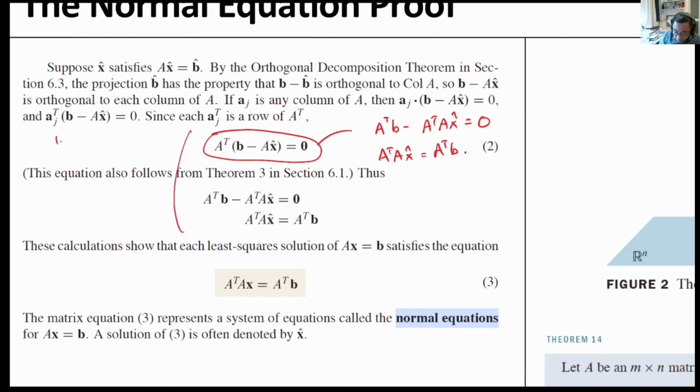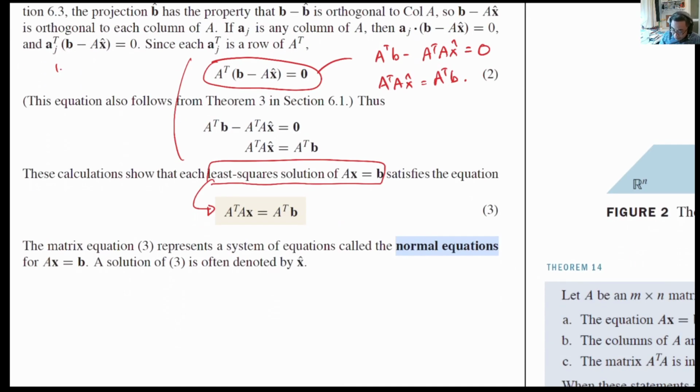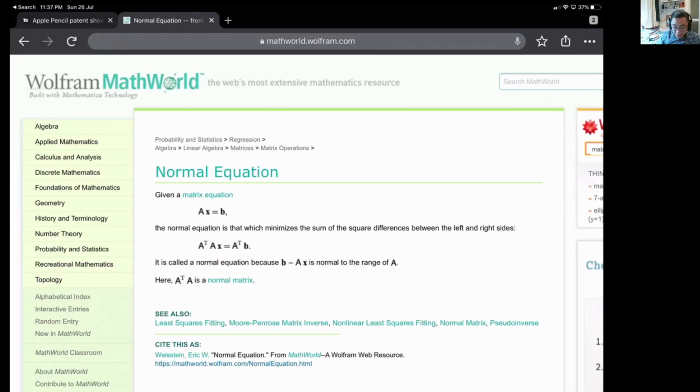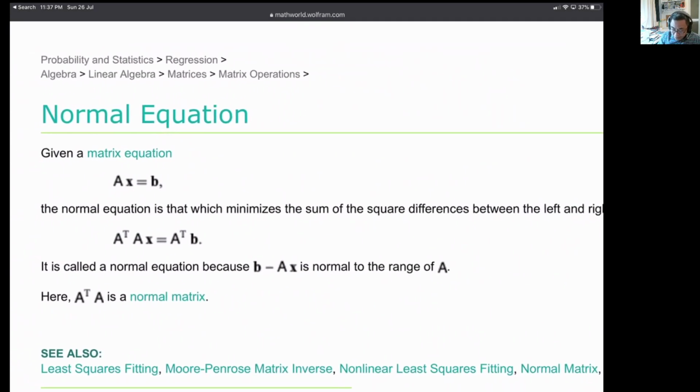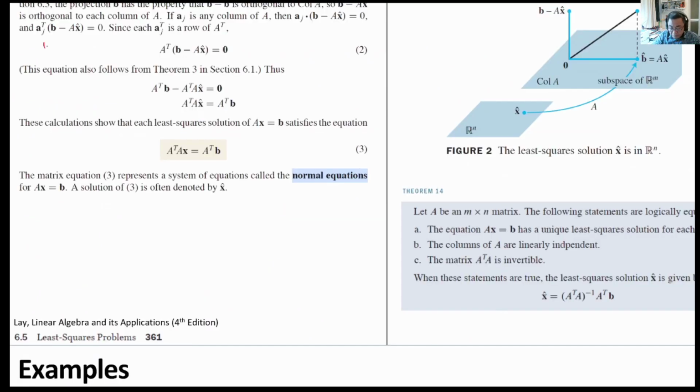These few steps show that the least squares solution for Ax equals b will satisfy this equation. This equation is called the normal equation. Have a look at Wolfram MathWorld. Under the normal equation, it says that the normal equation is called normal because the error vector b minus Ax is normal to the range of A, that is the column space of A.